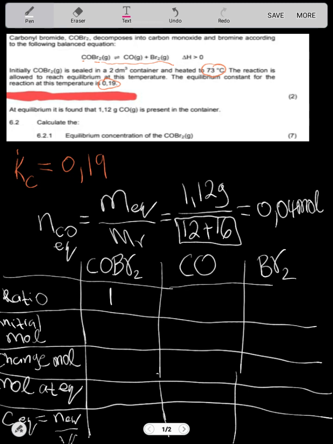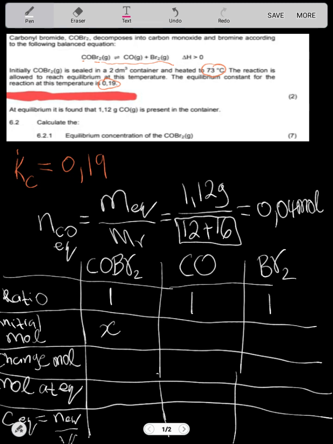Just one molecule. How many molecules of CO, which is carbon monoxide, do we have? Just one molecule. And how many molecules of Br2 do we have? Just one molecule. So the ratio will be 1:1:1. And initially COBr2, we don't know its moles. So the moles will be X, maybe.